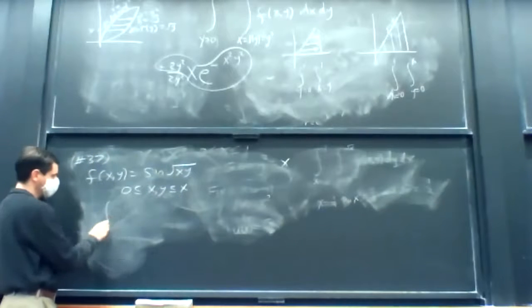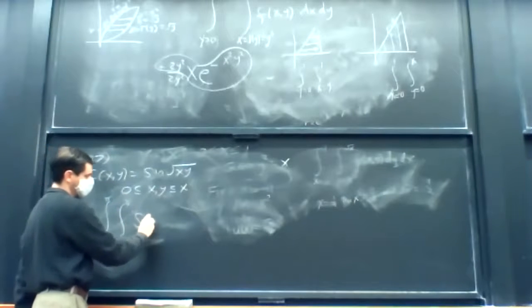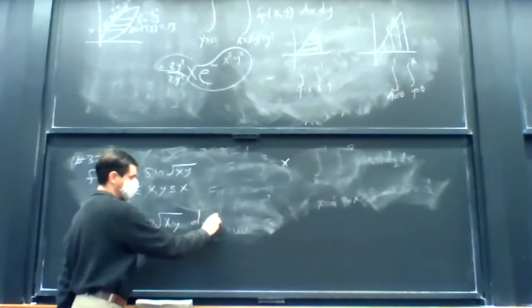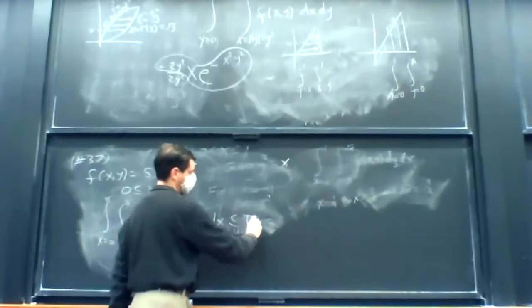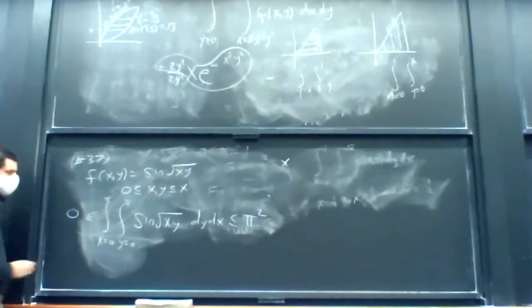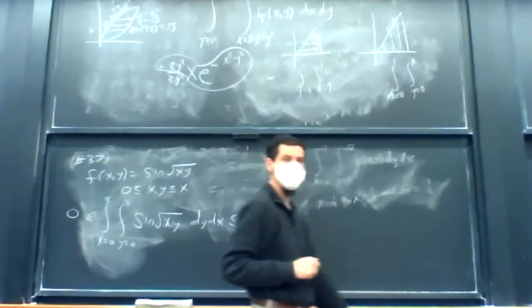And we wanted to integrate this: x goes from 0 to pi, y goes from 0 to pi, of sine of the square root of xy, dy dx. And we wanted to bound it like this. And it said to use Riemann sums to prove the bounds.